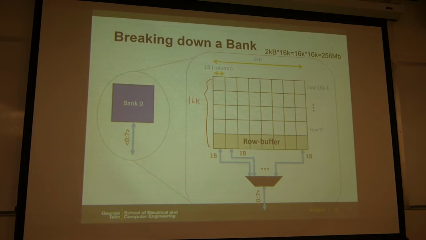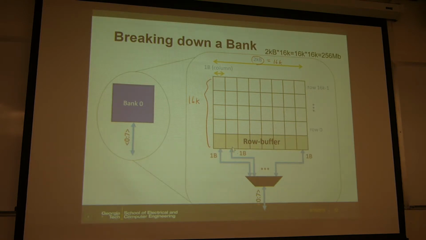And here the column, we have 2 kilobytes. Actually, you know, byte, if you convert to bit, it's actually 16 kilobits. That means 16K columns. So the size of this bank will be 16K times 16K, which is 256 megabit. Okay.